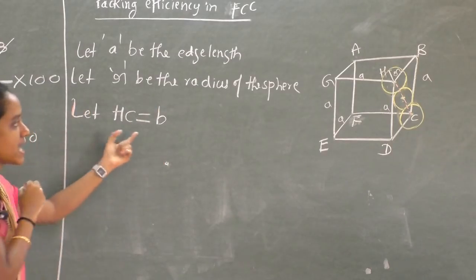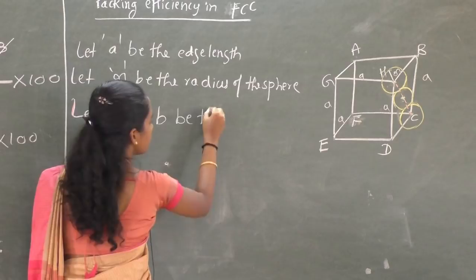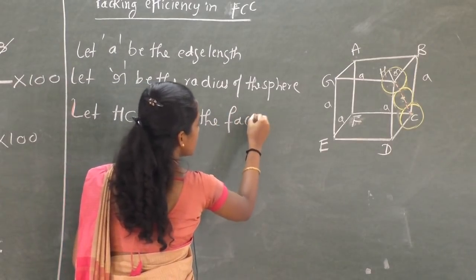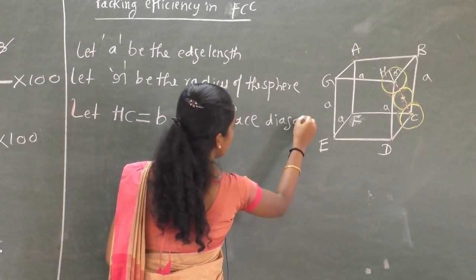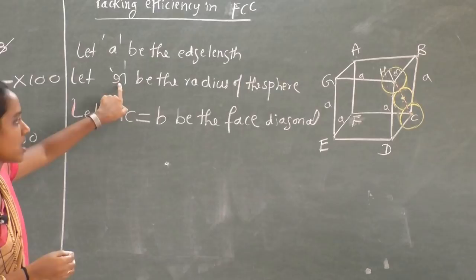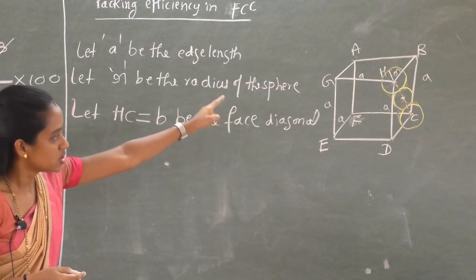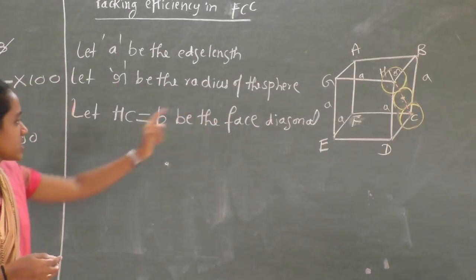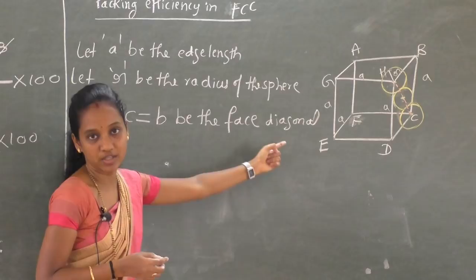Let HC equal to b be the face diagonal. It is not an edge length, it is a face diagonal. Why am I writing this? Because I need the relationship between A and R. Directly we cannot write the relationship there. So I joined those two corners H and C.